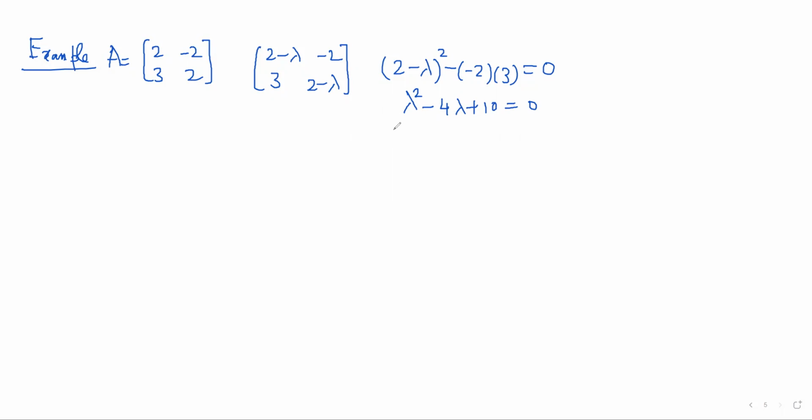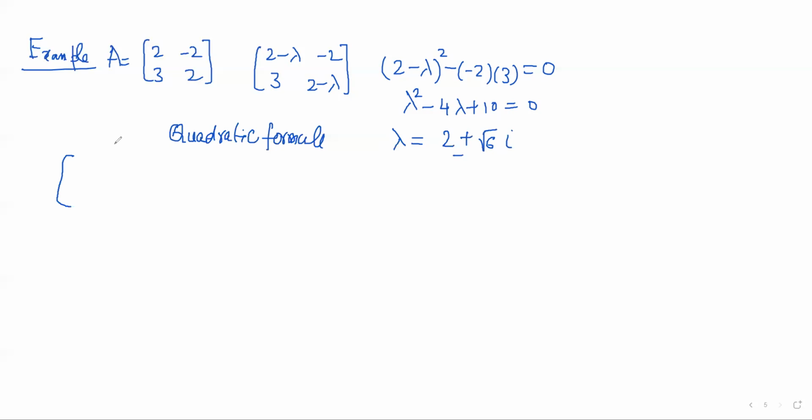From the quadratic formula, we can find that its two solutions are 2 plus minus root 6 i. These will be the two eigenvalues.